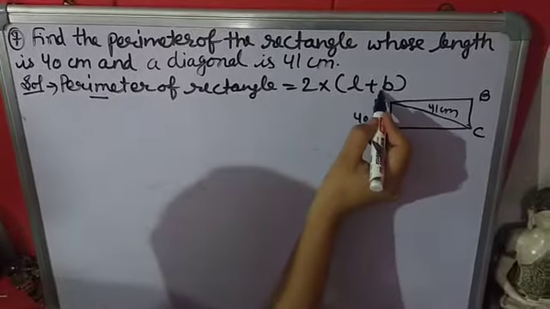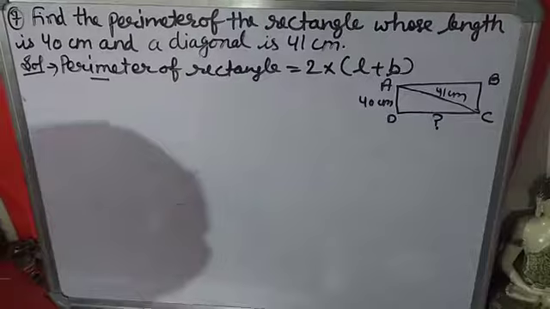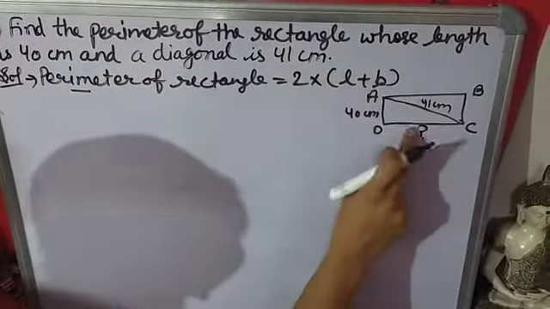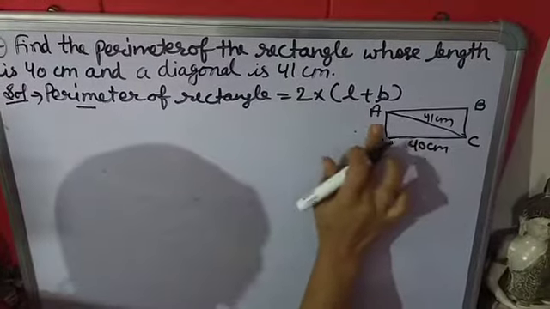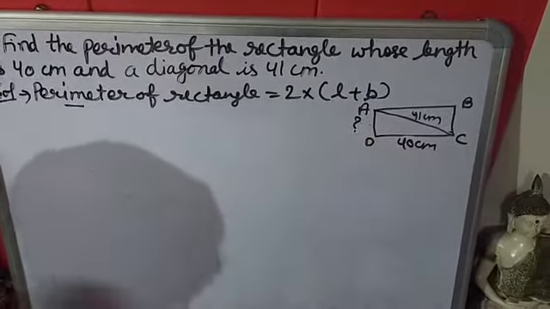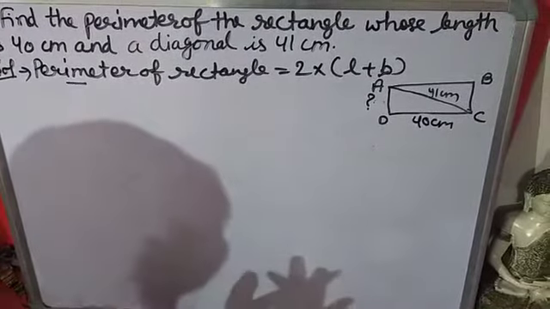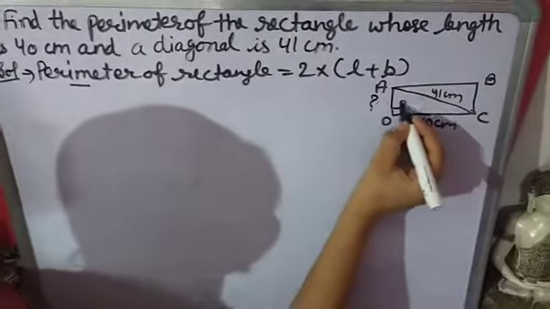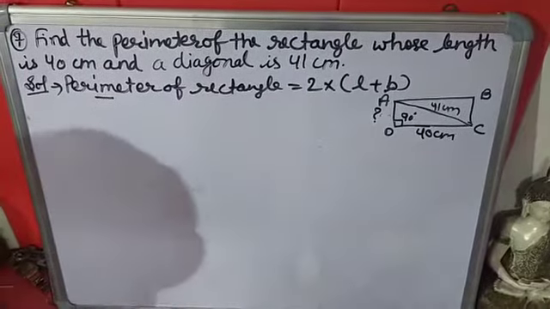For perimeter you don't know breadth. So first of all you will find breadth from here. So here we will take length as 40 centimeter. Okay? And this will be the breadth. Now we have to find the breadth of this rectangle. You know each angle of rectangle is 90 degree. So it will be 90 degree. Okay?